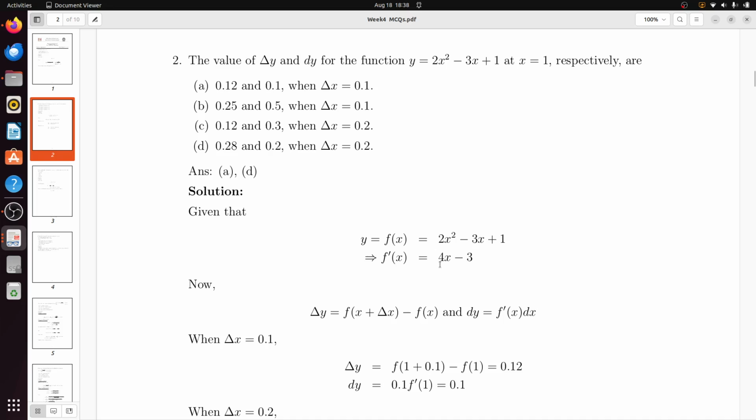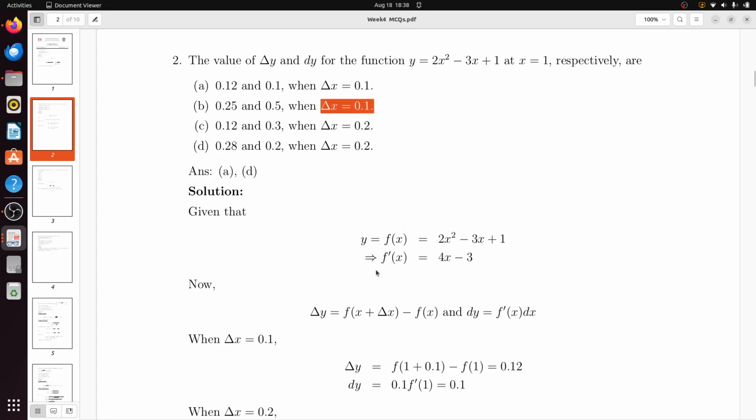So d/dx of 2x squared minus 3x plus 1, that is 4x minus 3, right? And now what is your delta y? Your delta y is f of x plus delta x minus f(x). Okay, now you check for delta x equal to 0.1.